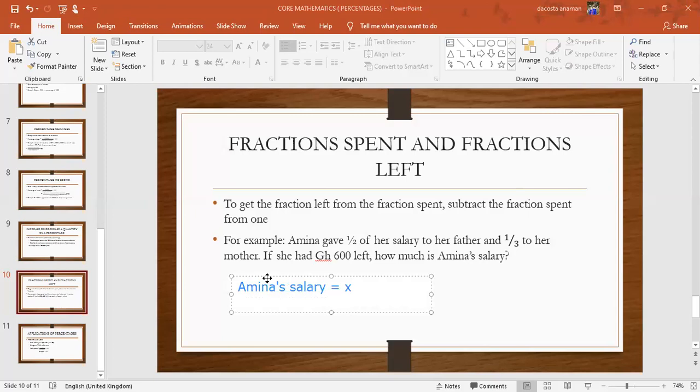Now, out of this salary of x, she gave half of that to her father. So the father received half of x. Then the mother also received 1/3 of x. And what is left is equal to 600 Ghana cedis. Then, therefore, the question is, how much is Ama's salary?